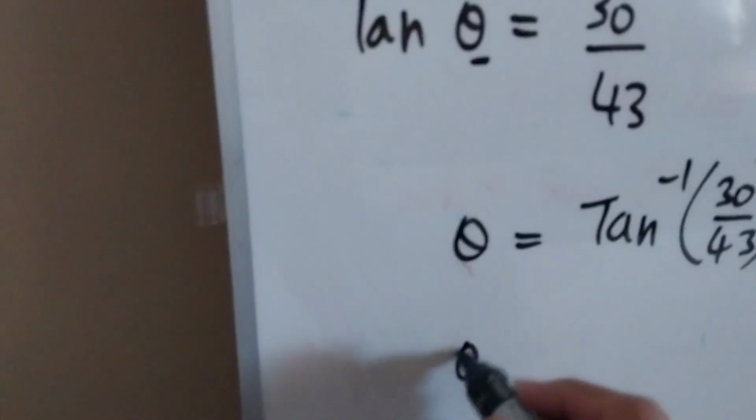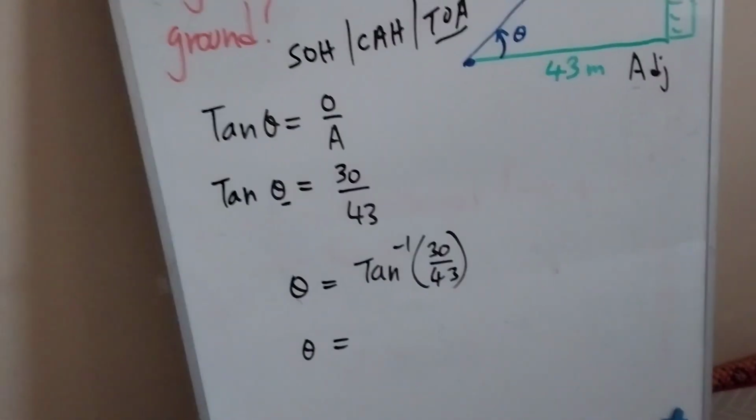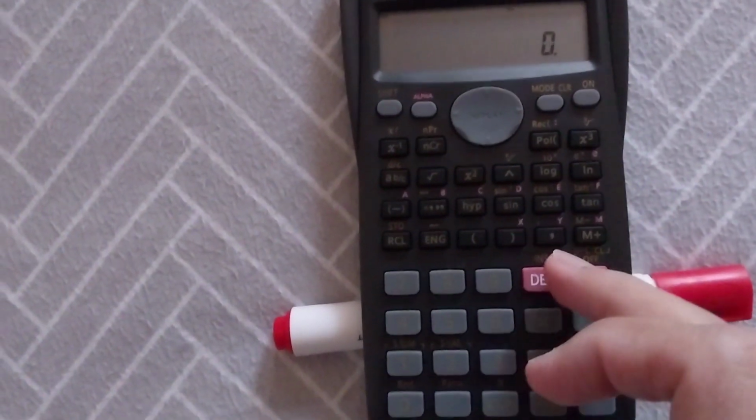The angle theta of elevation from the ground to the top of the building is equal to. So now we will need our calculator. So shift tangent. Shift tangent. Yes, of 30 over 43.